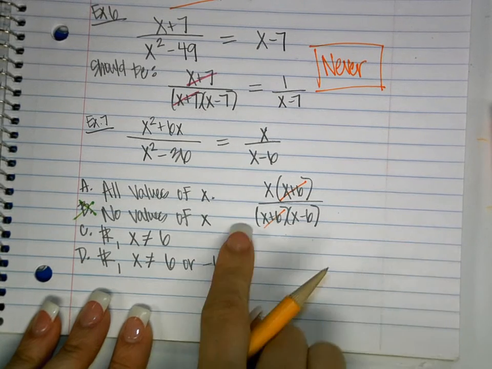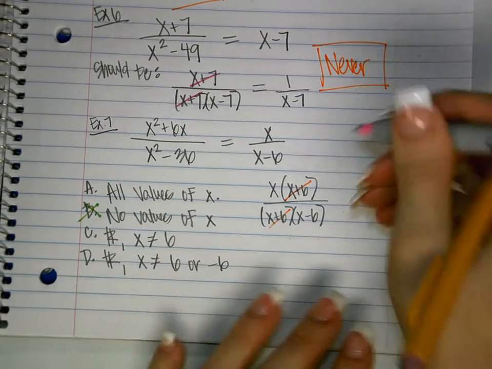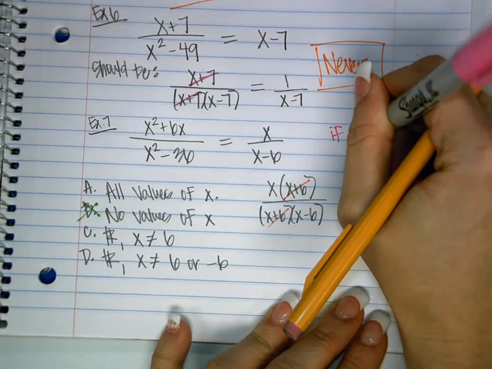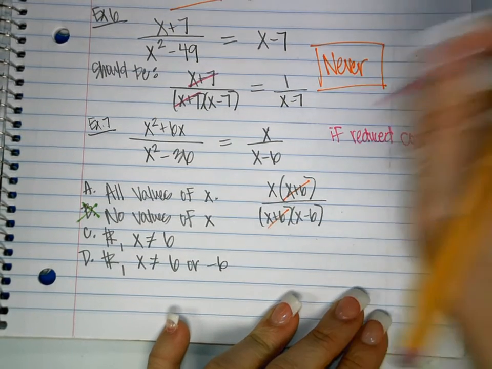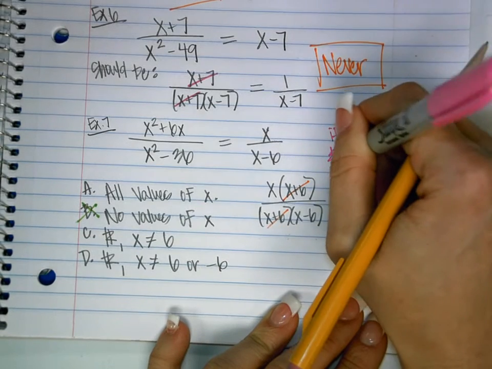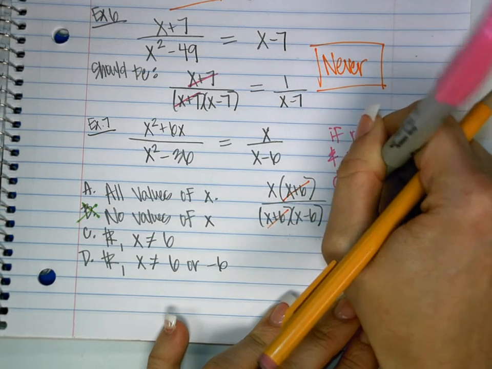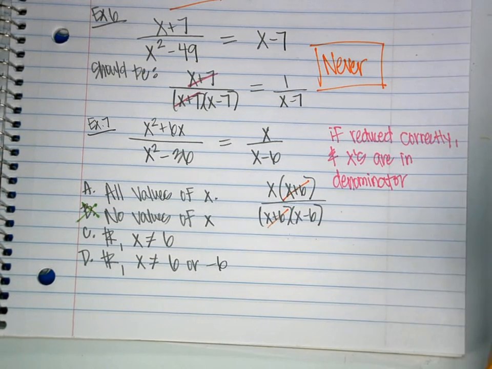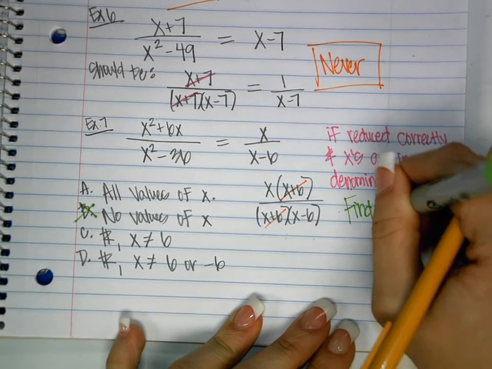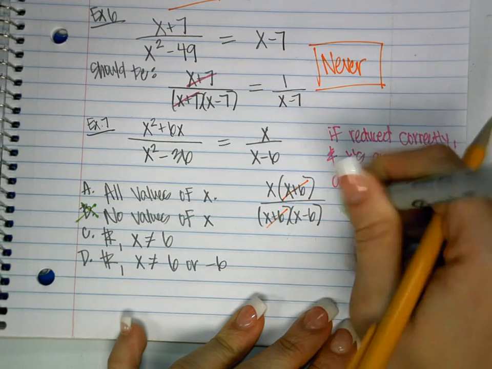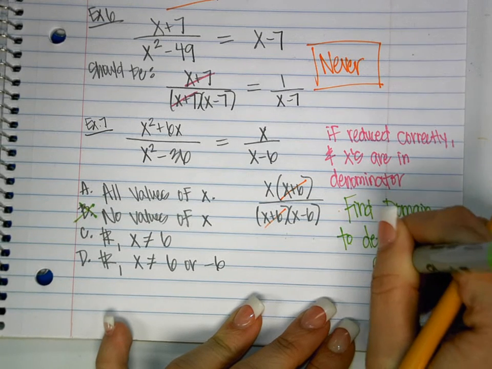Okay? Now, since there are x's in the denominator, what you have to do is, if it is reduced correctly and x's are in the denominator, then find the domain to determine exclusions.